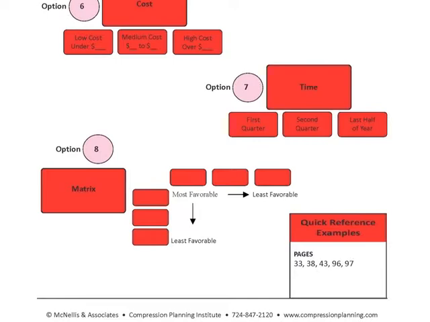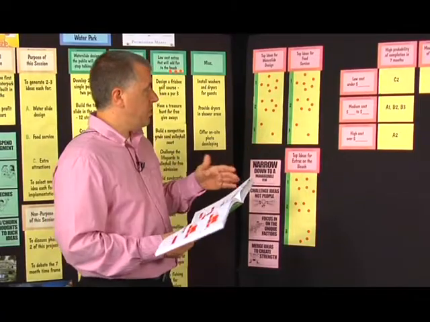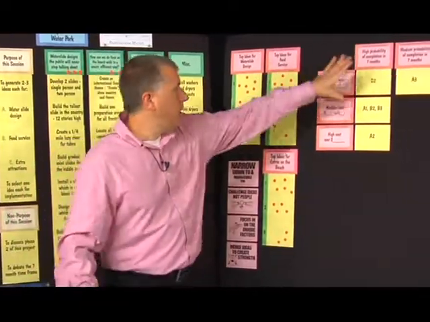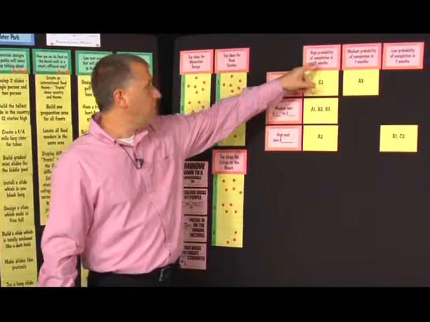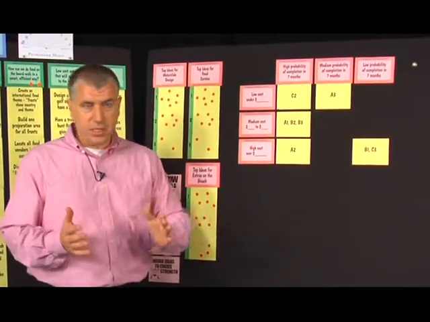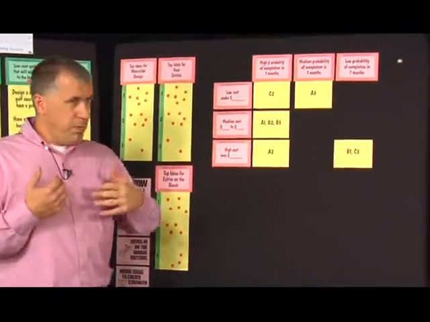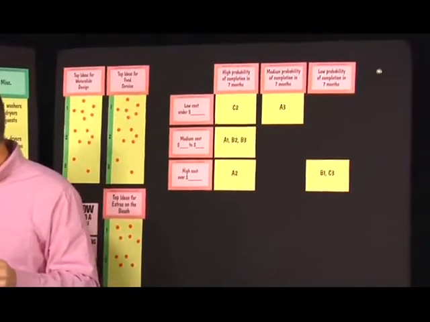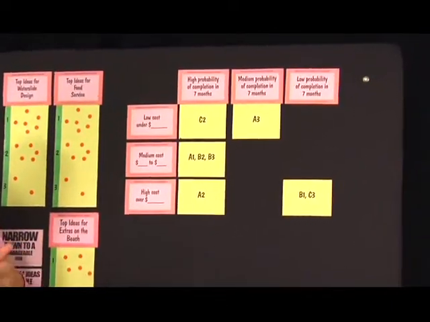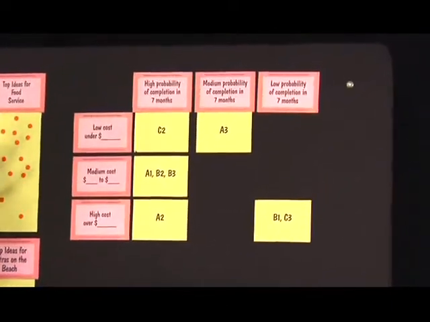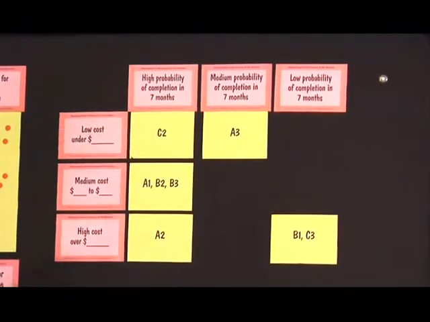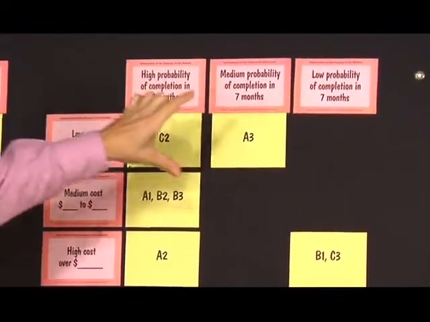It's a matrix. We actually have a matrix with this sandcastle, with this water park design. And you could see on the top part, probability of completion in 7 months. That's content driven. They had 7 months from when they signed on the line to when they wanted to open up the park. So being able to get it done within 7 months was important.